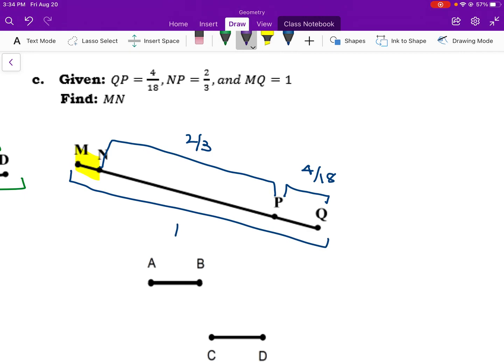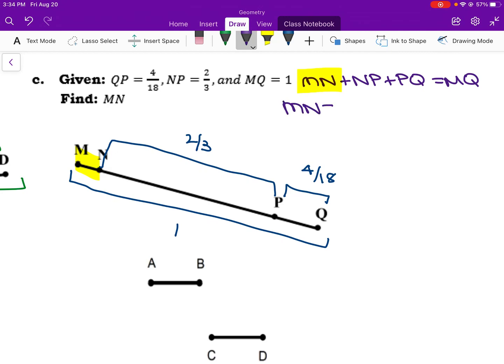So we're again going to set up our postulate and say that MN plus NP plus PQ equals the full length, which is MQ. So sorry, guys. Okay, and then we know we're looking for MN, so we need to isolate MN by subtracting the other two.